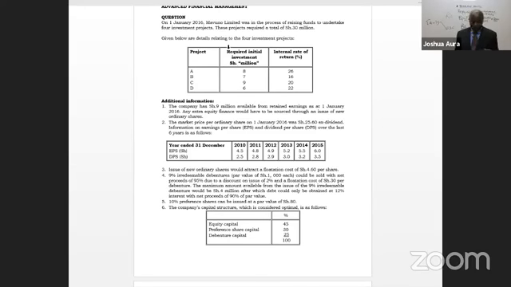Look at note 3: issue of new ordinary shares would attract a flotation cost of shillings 4.6 per share. And then note 4, ladies and gentlemen, talks about debt. So these people have spoken about ordinary shares many times.